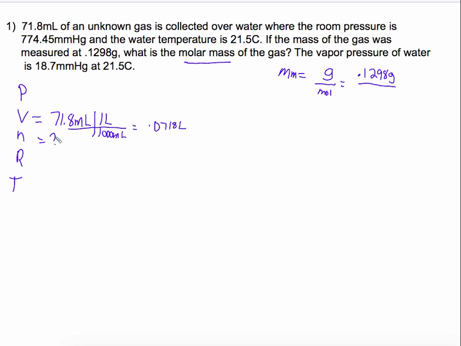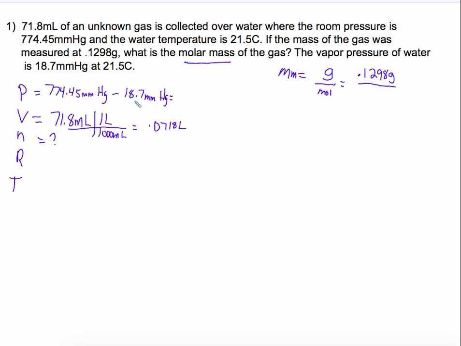We're looking for moles. And then the pressure is given in millimeters of mercury, 774.45 millimeters of mercury. But whenever you collect a gas using water displacement, and they give you the vapor pressure of water, they want you to take that away, because the vapor pressure of water gets in and affects the pressure.